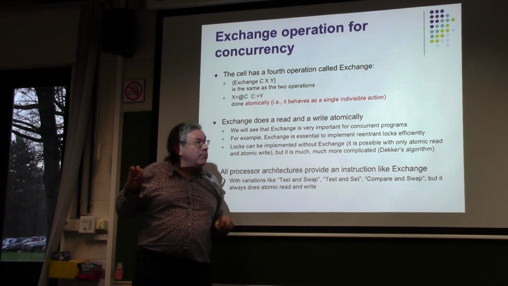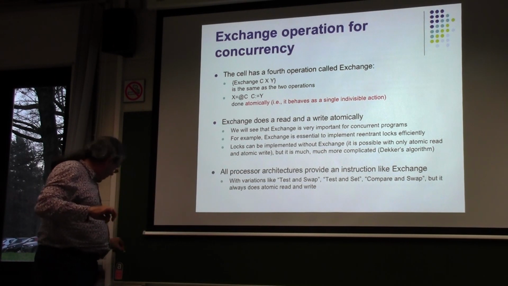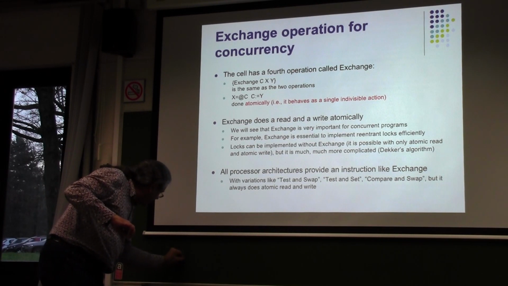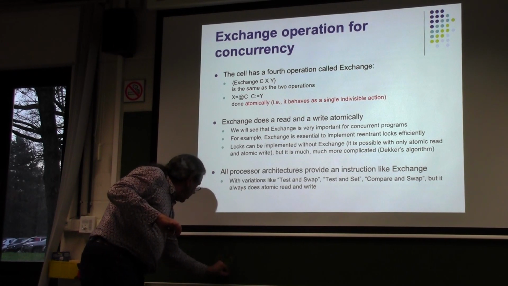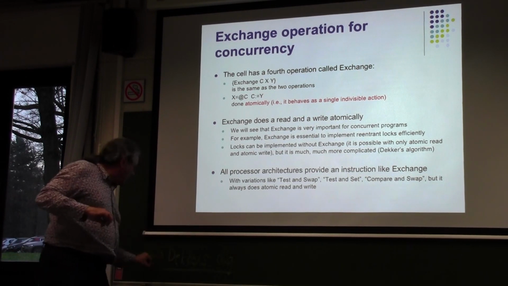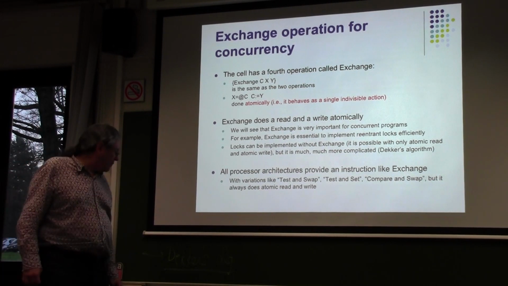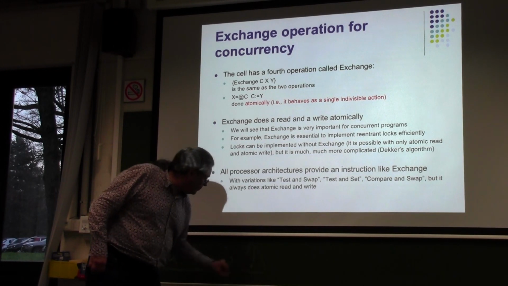There is an algorithm called Dekker's algorithm. It's written with 2 Ks, which, if you are curious, you can look up. Dekker's algorithm shows you how to build locks using only read and write. This is a pretty complicated algorithm.